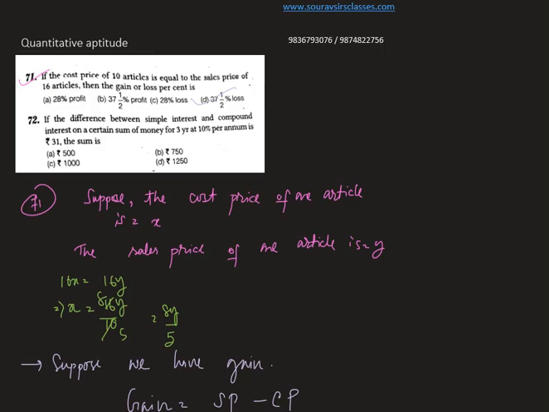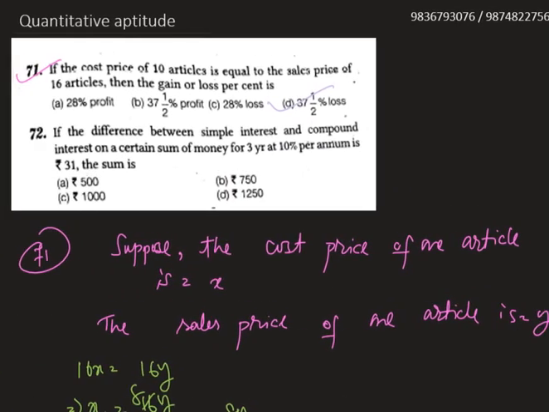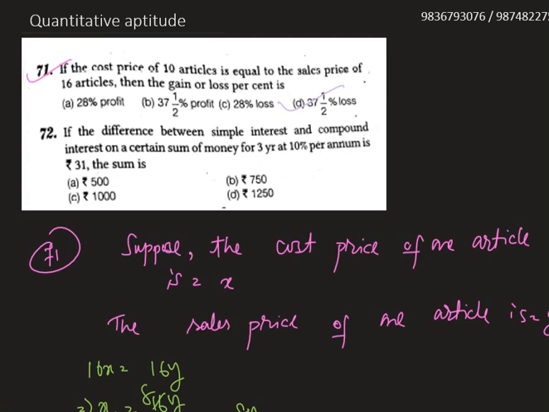Now let's jump to the next question. If the difference between simple interest and compound interest on a certain sum of money for 3 years at 10% per annum is 31 rupees, we need to find the sum.